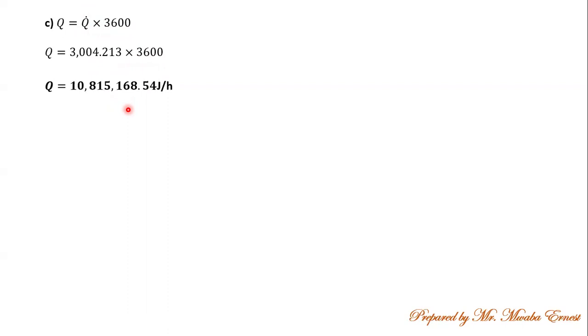If it's not a standard amount of time, maybe you've been given 3 minutes, maybe 2 minutes, you don't say per 3 minutes, no, you just leave joules and it ends there. Let me repeat. The other answer we got was per minute, this is per hour.